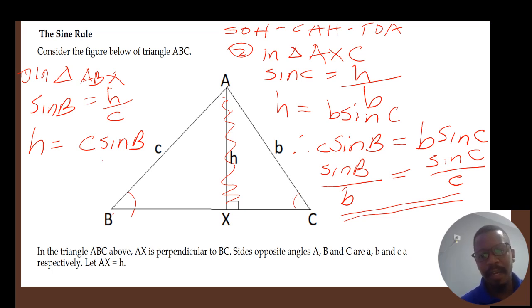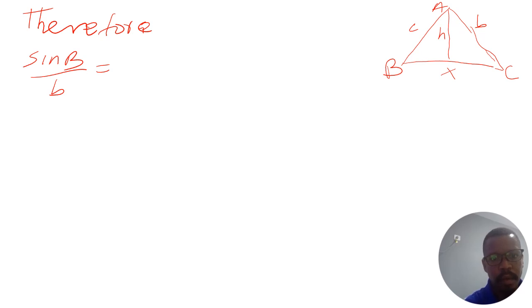So we can conclude that I just copied the drawing to this side, and there we had shown that sine B over b is equal to sine C over c.